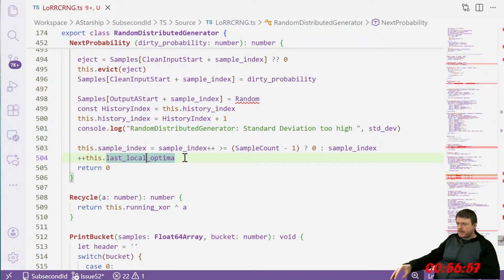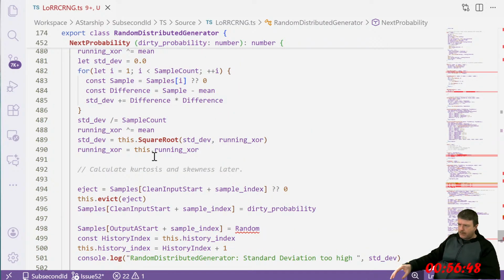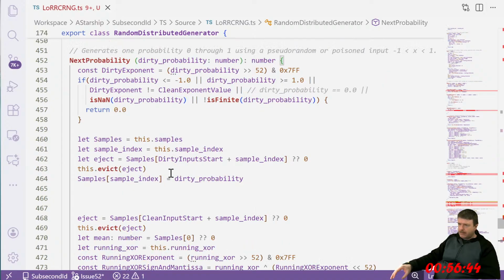Less optimal. What is it? Clean probability? Alright. So I evict using the last evicted sample.